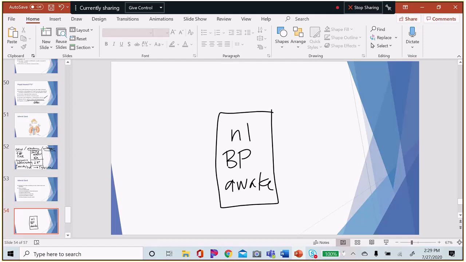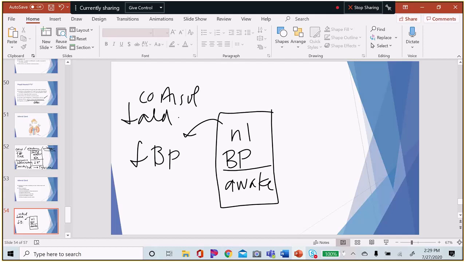That's what we want. If we have too little of both cortisol and aldosterone, then we will definitely have a decreased blood pressure and we will have fatigue. And that is the biggest risk of someone who has what's called Addison's disease.